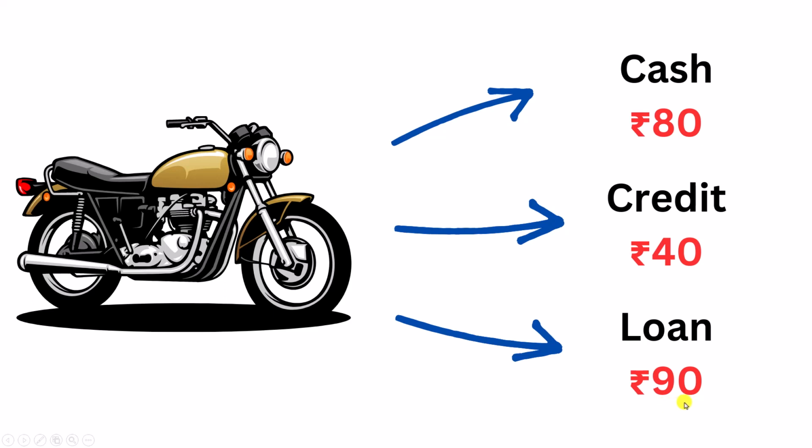Some amount of loan is there, out of which 90 crore rupees has to be paid off now. How much cash does the company have? It has only 80 crore rupees. How much should be paid? 90 crore rupees.